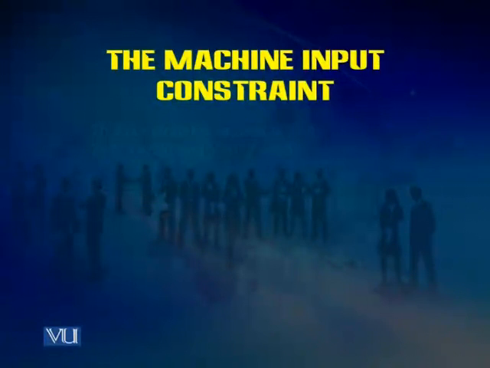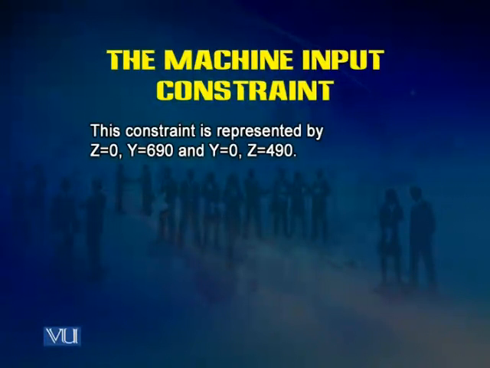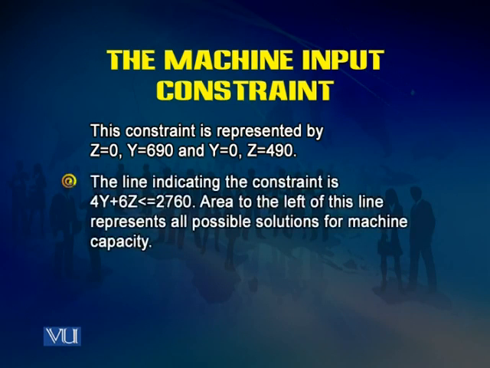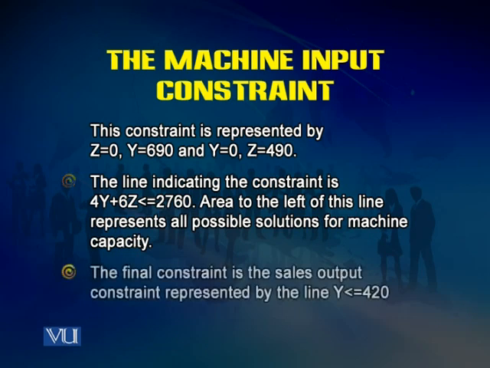The machine input constraint is represented by z equal to 0, y is 690, and y equal to 0, z is 490. The line indicating the constraint is 4y plus 6z less than or equal to 2760. The area to the left of this line represents all possible solutions for machine capacity. The final constraint is the sales output constraint, represented by the line y less than or equal to 420.